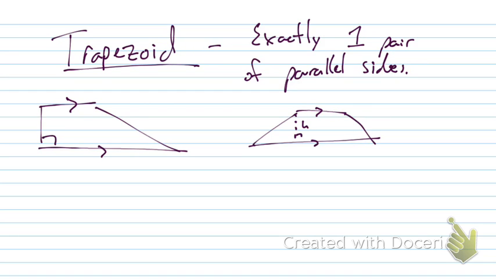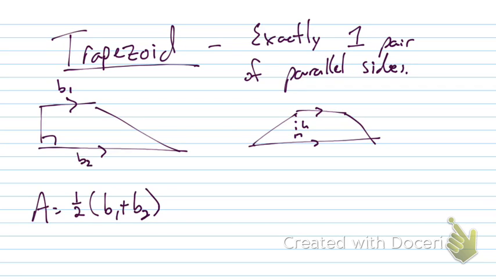I'm going to give you the equation, and then I'm going to explain why the equation works. There's a couple different ways to explain it. I like the way I explain it. I memorize the equation by concept, not by memorizing the equation. So the equation I like to use is 1/2 times base 1 plus base 2, times the height.